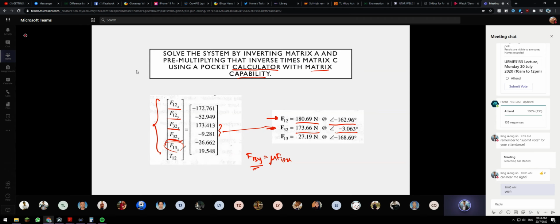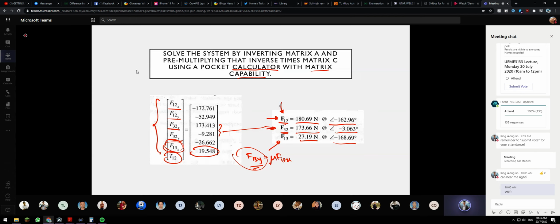So from there, F13X, F13Y, then we can calculate the F13, which is 27.19 with the angle of -168.69. Then the top we have is 19.548, right? So actually, what is this F12, F32 used for, right?